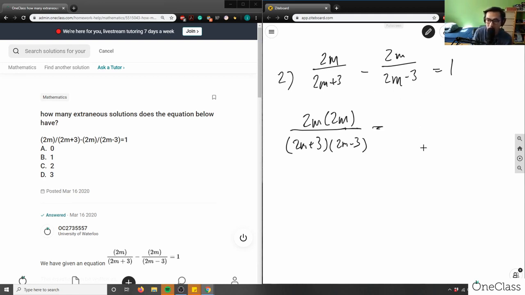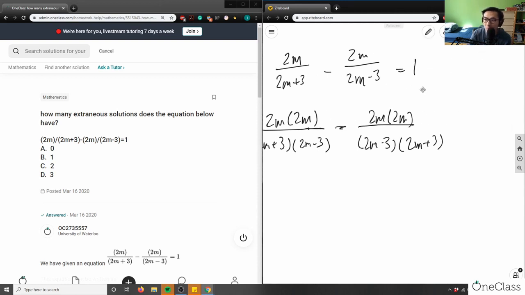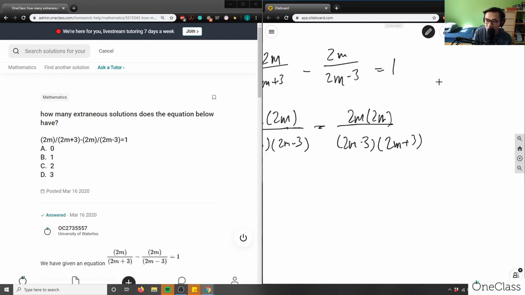And similarly, what I'm going to have to do with this one here is I have 2m minus 3. I'm going to have to multiply that by 2m plus 3 to get the same denominator. And then I can do the exact same thing. It's 2m times 2m here, 2m times 2m. And that's going to equal 1, right?